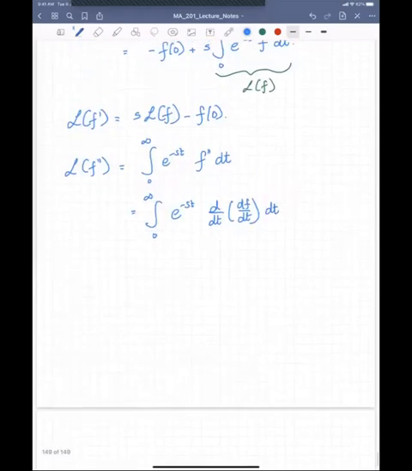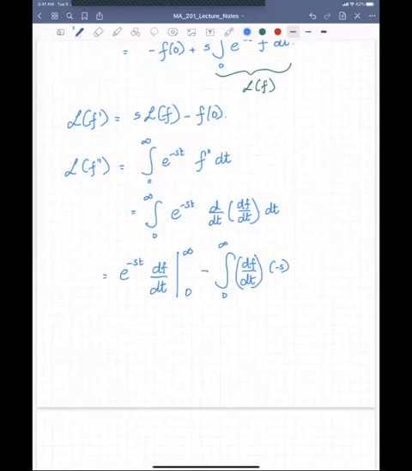So if I again use the udv formula, I will get e to the minus st df/dt evaluated between the limits 0 to infinity minus integral, again, df/dt, and then du would be minus s e to the minus st dt.